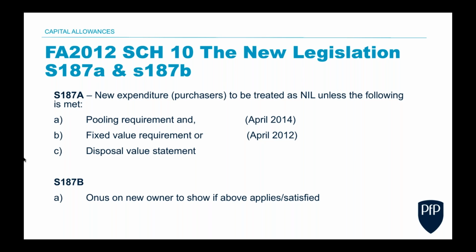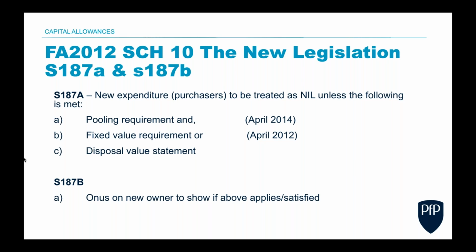So what do these mean? Well, the pooling requirement states that the vendor must pool the value of all fixtures that it's legally entitled to in a period up to and before sale. Anything that isn't claimed by the vendor can never be claimed by anybody else further down the chain. So the next owner, or so on.